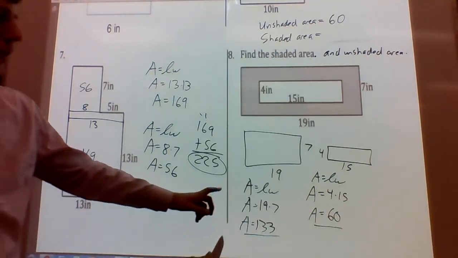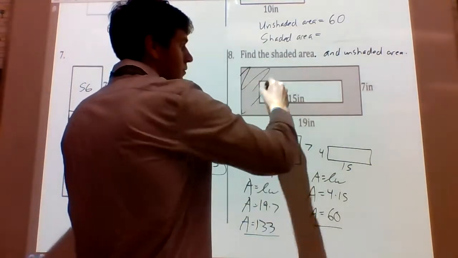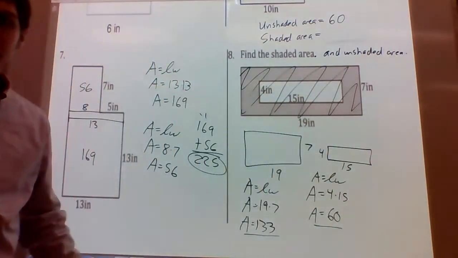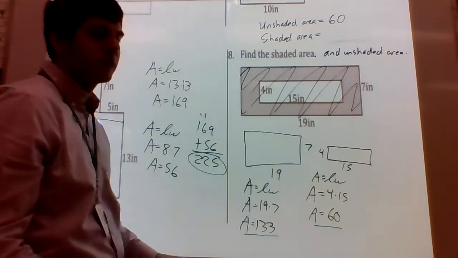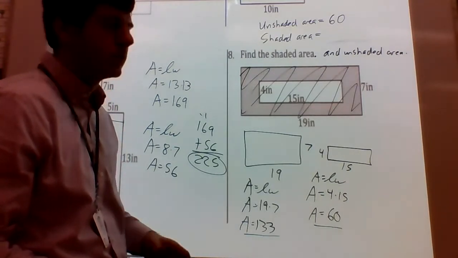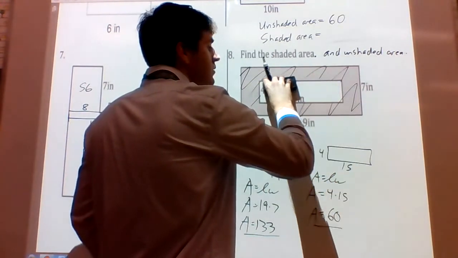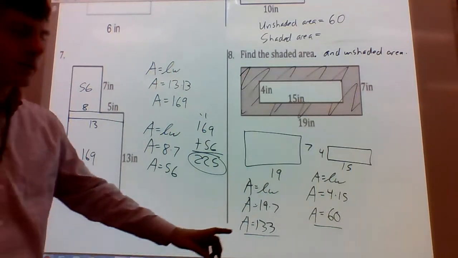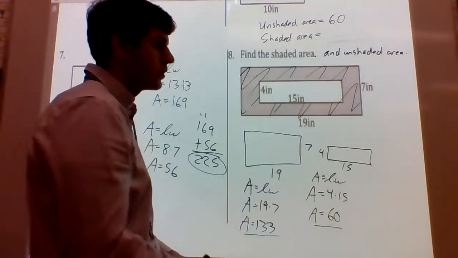We know the large rectangle is 133. Okay. We want to subtract the unshaded area. So we want to subtract all of this. The area we just subtracted is 60.